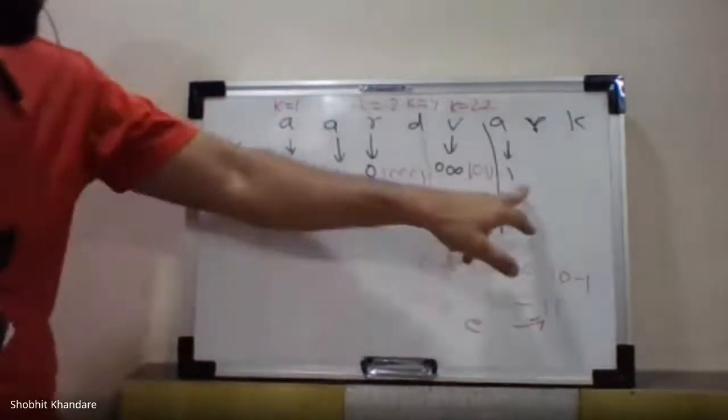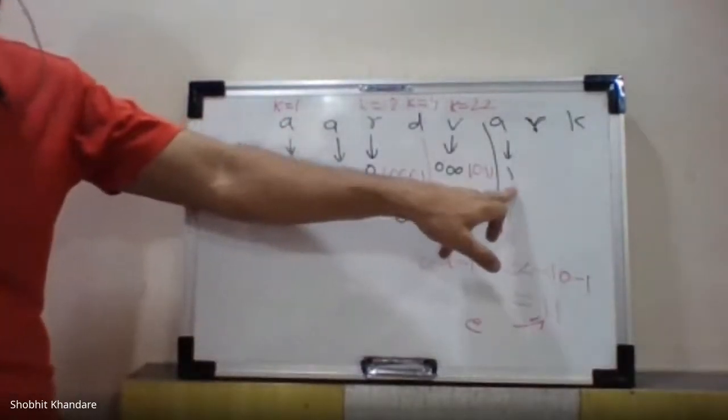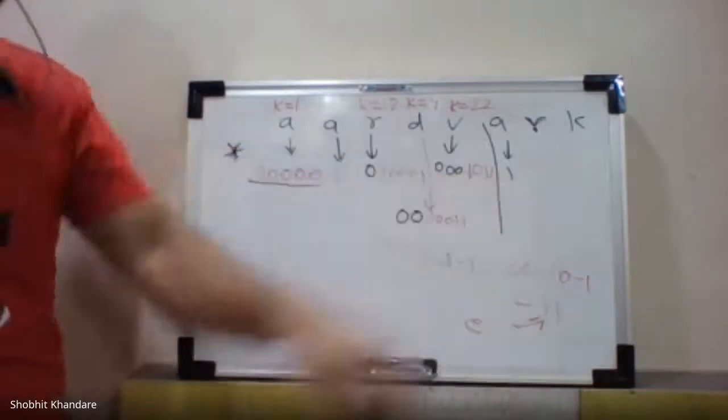So that's why a is equal to 1. Is it clear now?